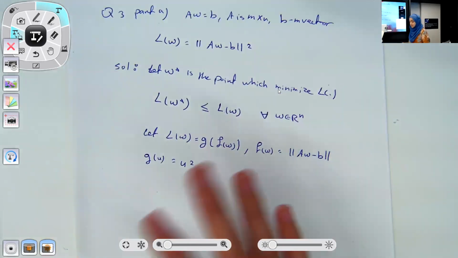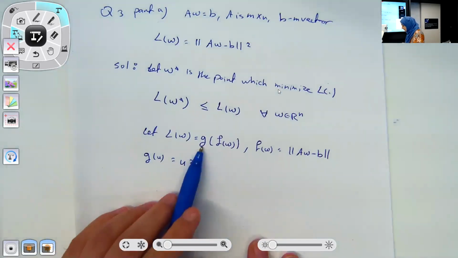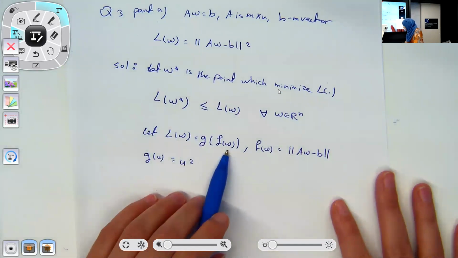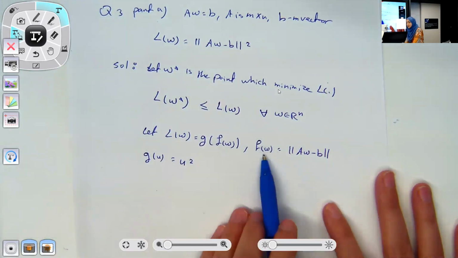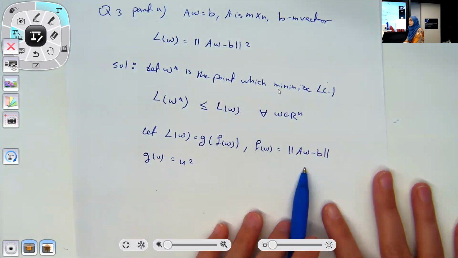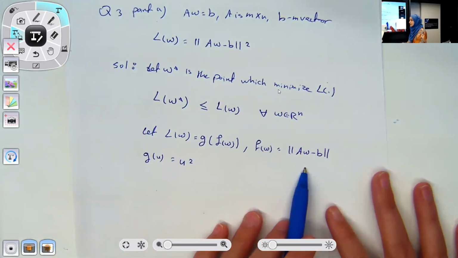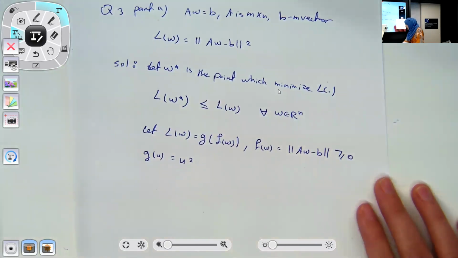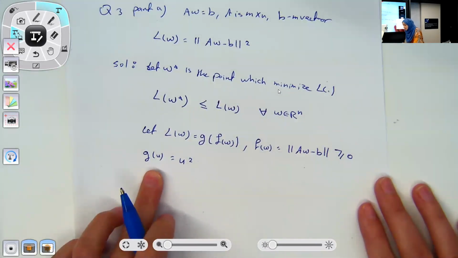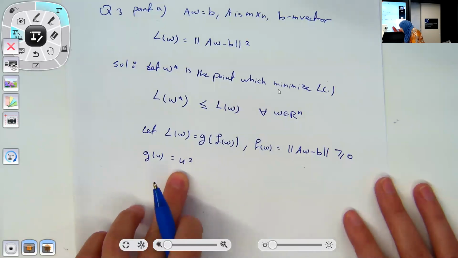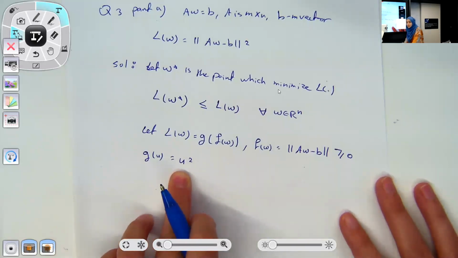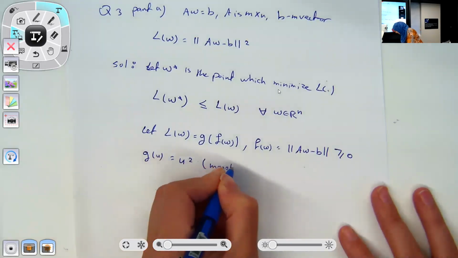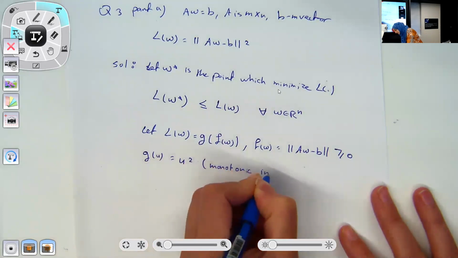We write it as two functions, G of f of omega. Look here, f of omega is a norm function, and the norm function is all the time greater than or equal to 0. It's positive. And also G of u equal u squared is a monotonic increasing function.